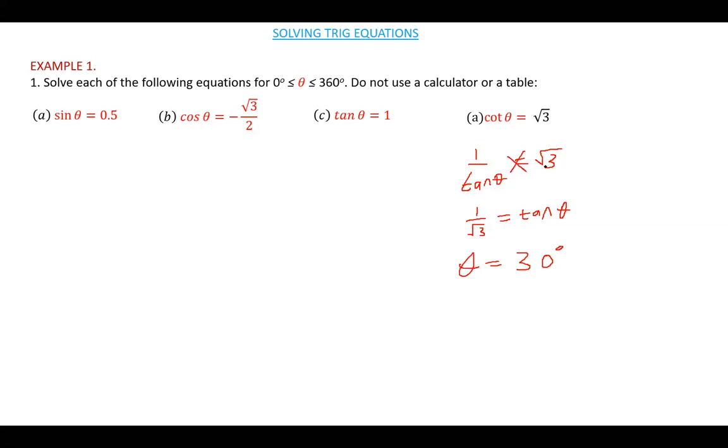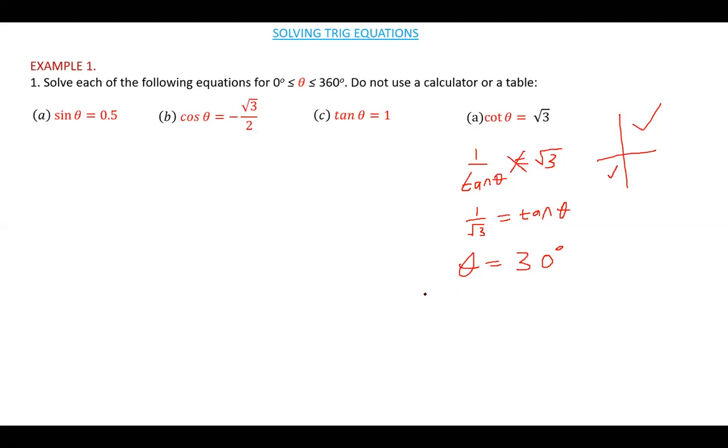You have to check whether this root 3 which you've been given here is in the first, second, third, or fourth quadrant. We know that this is positive, and tan is only positive in the first and in the third quadrant.